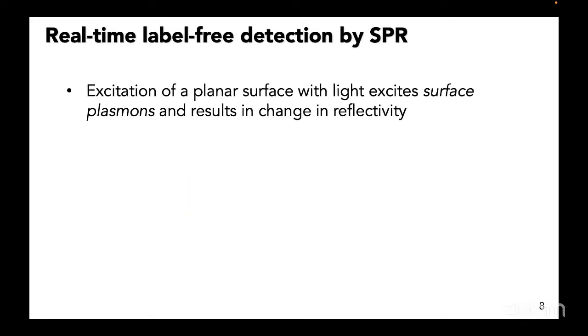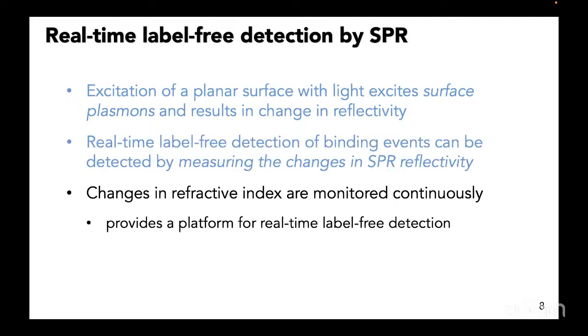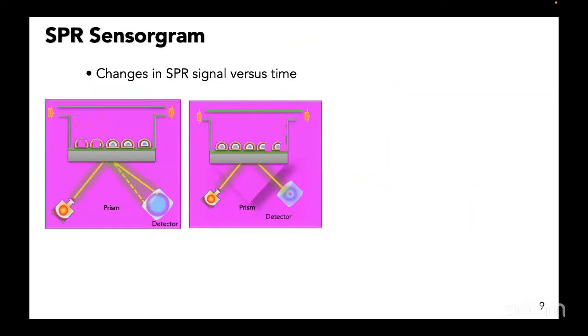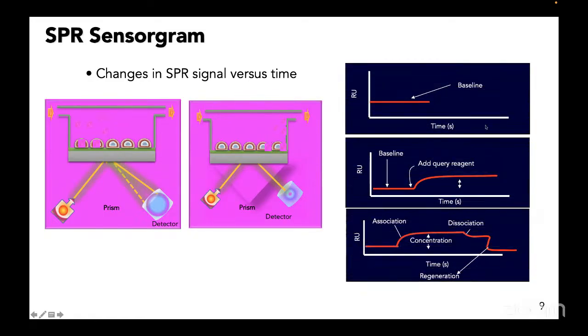When the light is excited, surface plasmons are generated. And when two molecules are binding, an antigen-antibody or two proteins, we are looking at the SPR reflectivity change, and we measure that across the runtime to obtain what is now known as an SPR sensorgram, which you can see in this kind of graph.